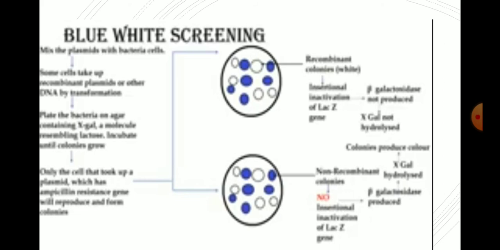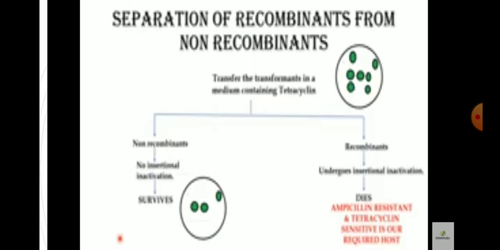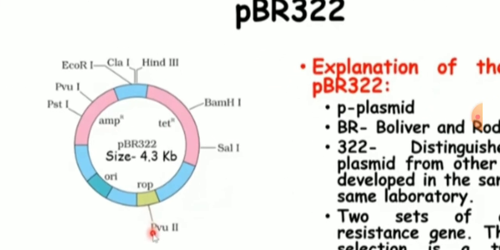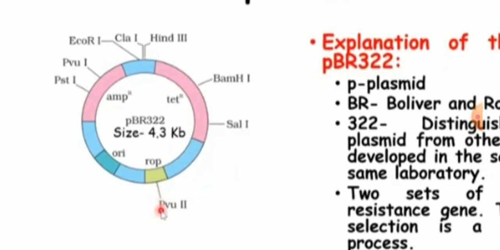Now the next method to find out the recombinant is insertional inactivation. First, we must understand the meaning of insertional inactivation. Just come to the back here. You can see this is the tetracycline resistance gene, and it has recognition or restriction sites like SalI, BamHI, HindIII.